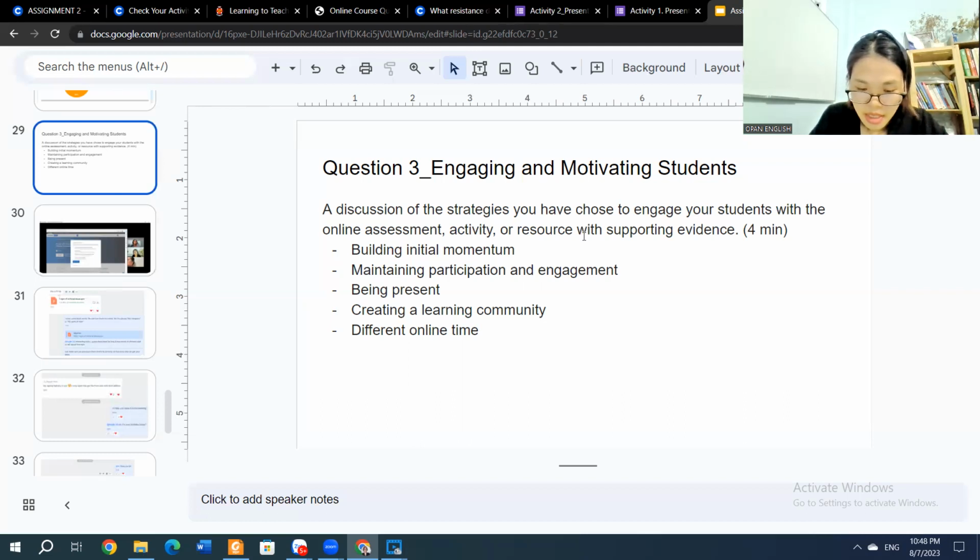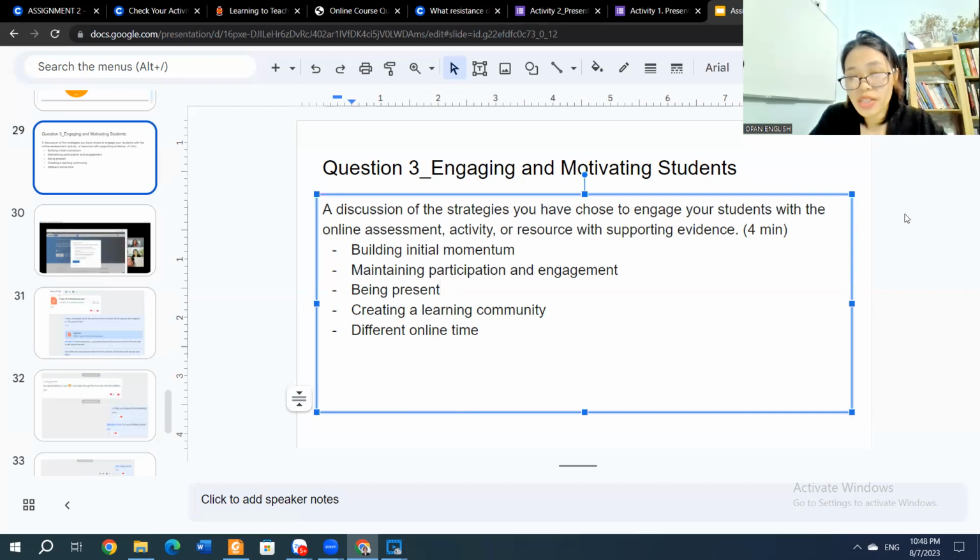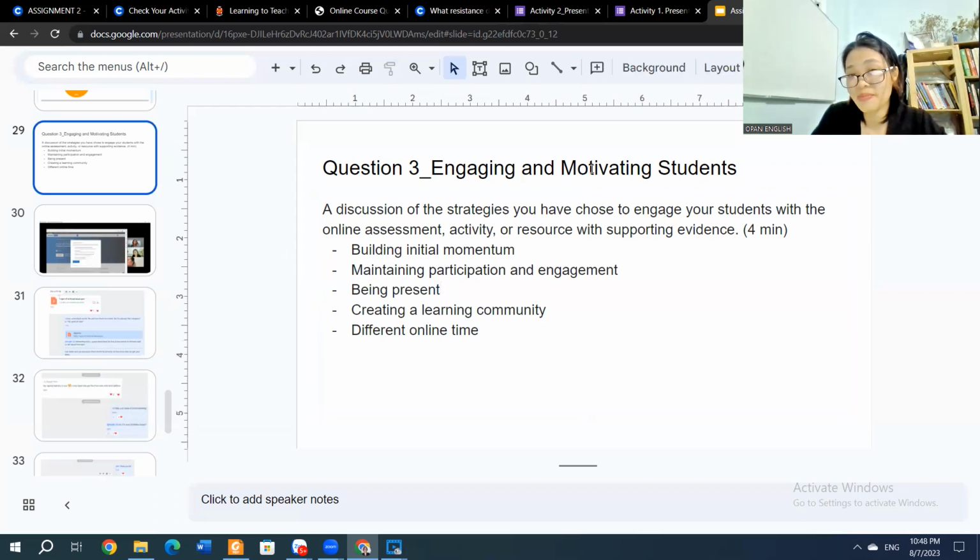I could see that teacher presence is motivational. It's one of the important factors that make students feel motivated and engaged in the class.